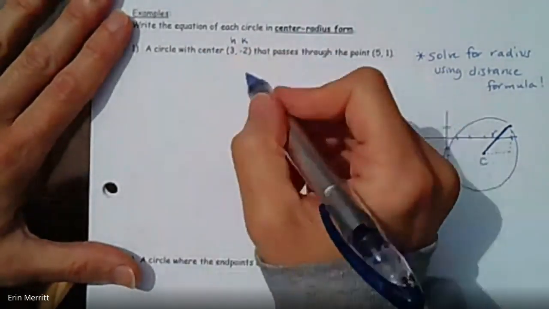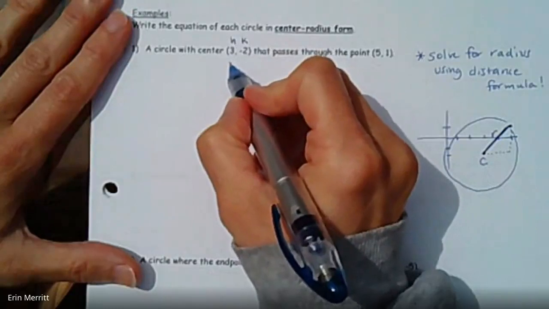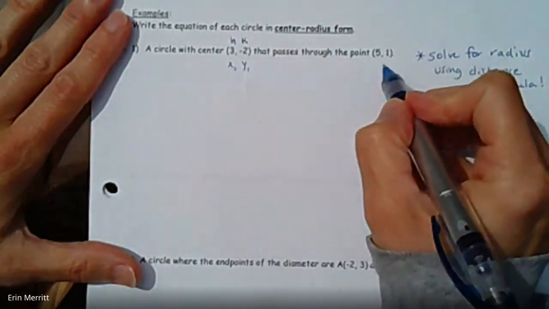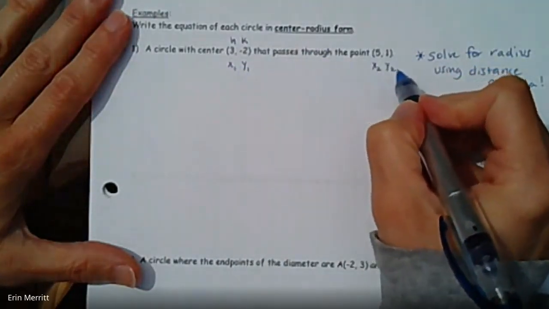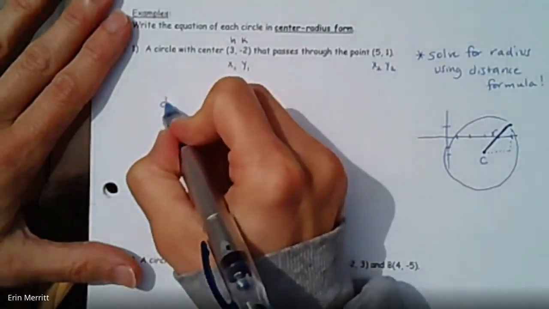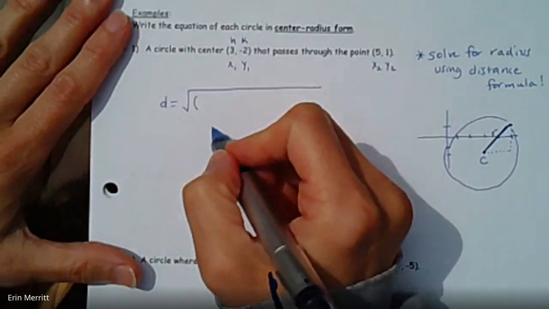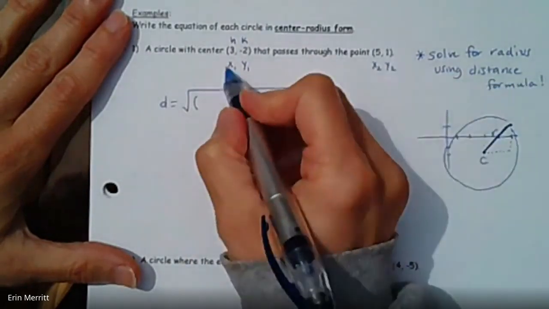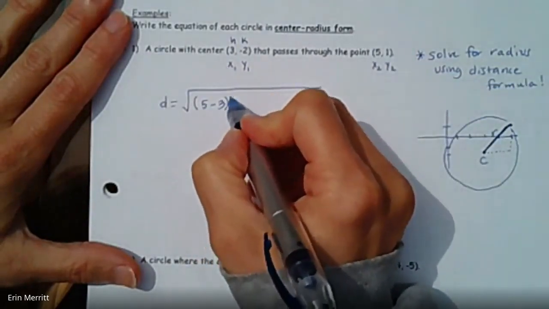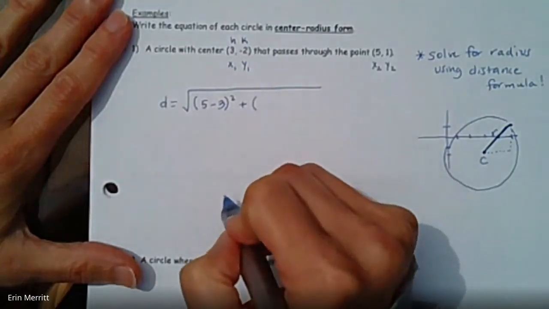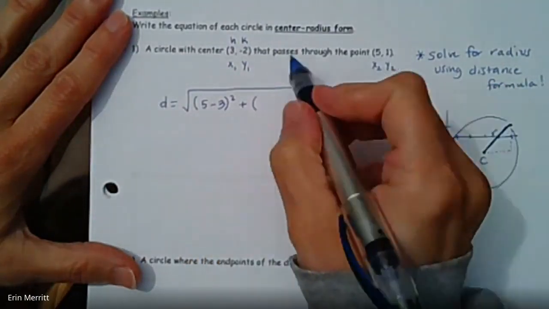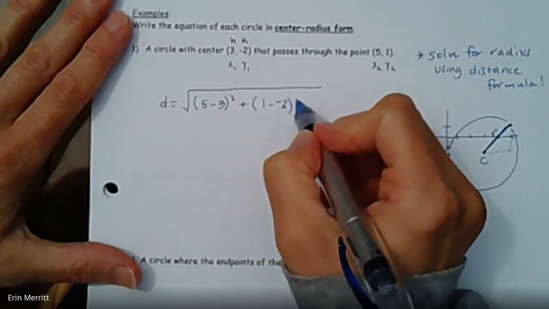Otherwise, let's plug in. This is x1, y1. This is x2, y2. Into the distance formula, difference in your x's, so 5 minus 3 squared, and then difference in your y's, 1 minus negative 2 squared.